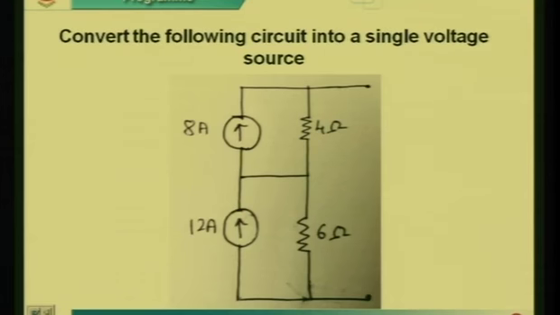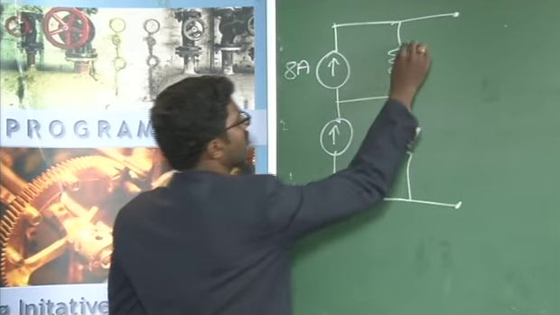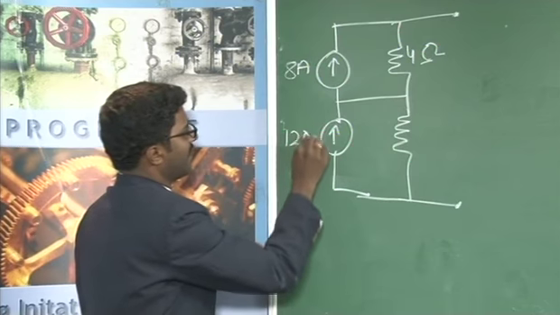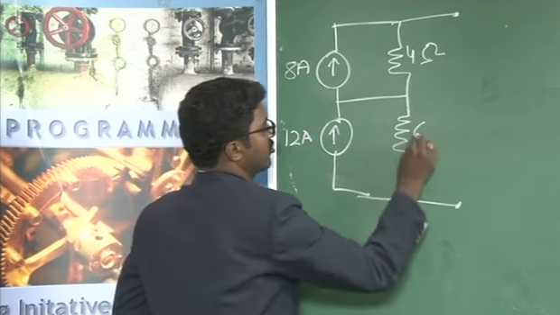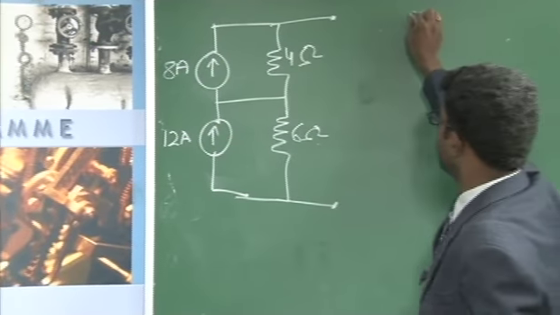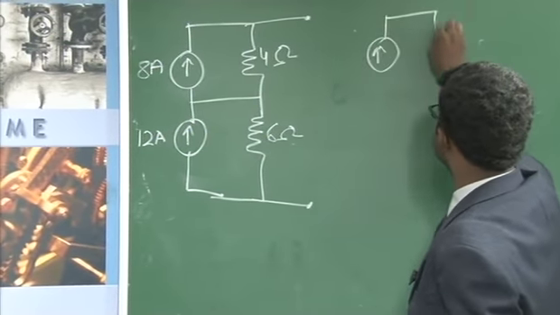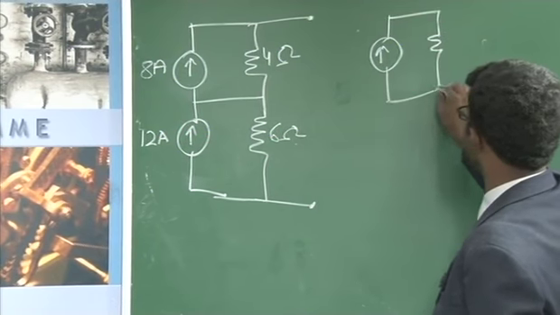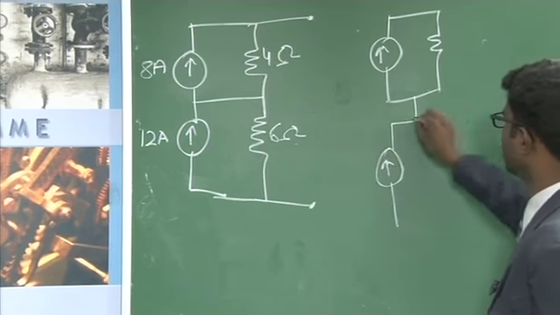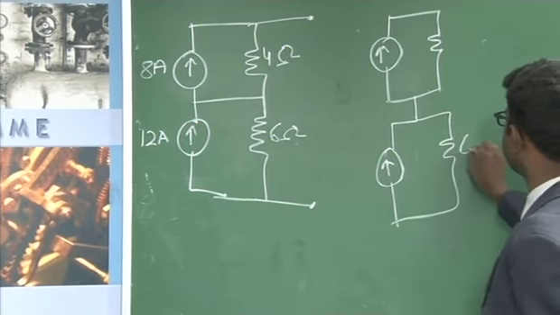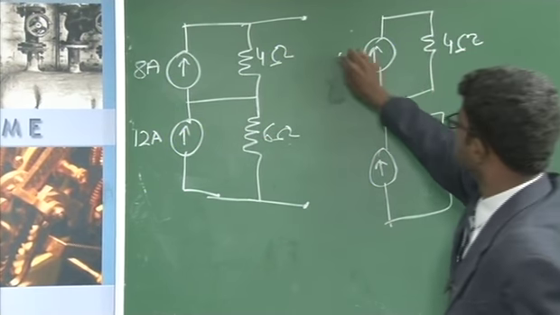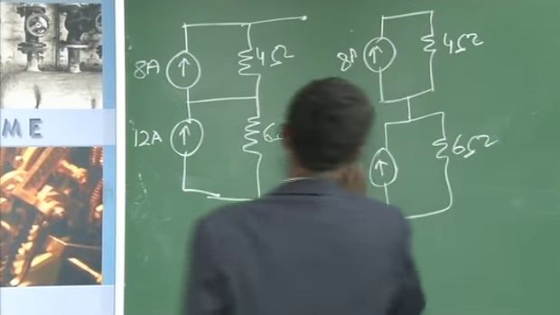Here there is an 8 amps current source in parallel with a 4 ohm source resistance. There is one more current source which has 12 amps in parallel with a 6 ohm resistance. In a simpler way, I can redraw this circuit, a current source in parallel with a resistance, then one more current source in parallel with a 6 ohm resistance. This is 4 ohm, this is 8 amps and this is 12 amps.